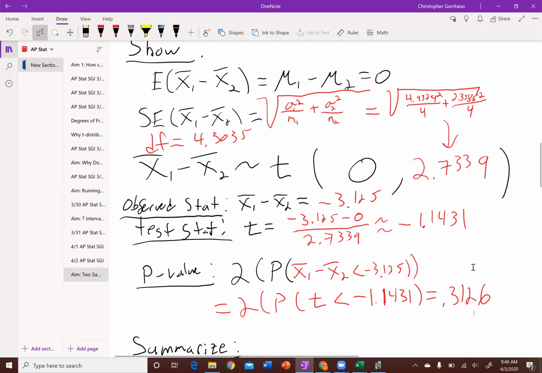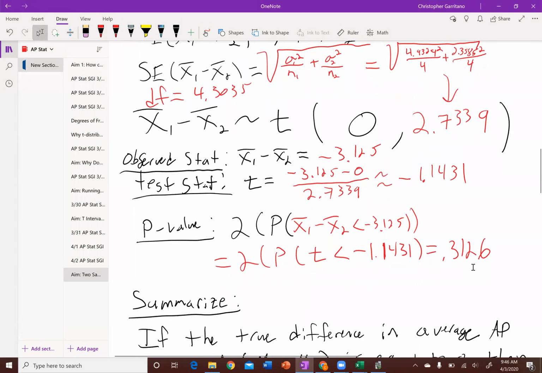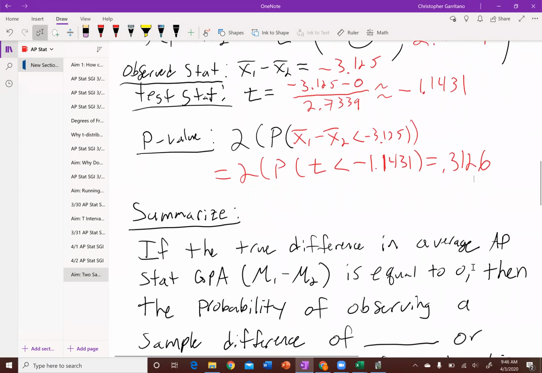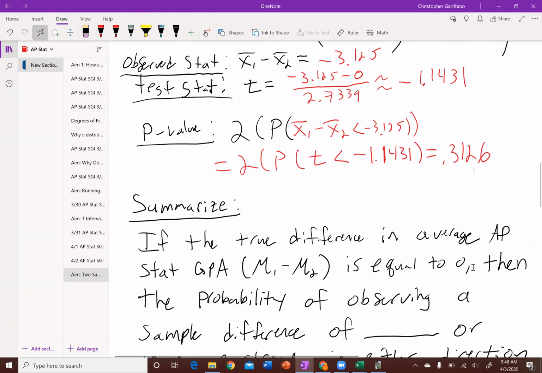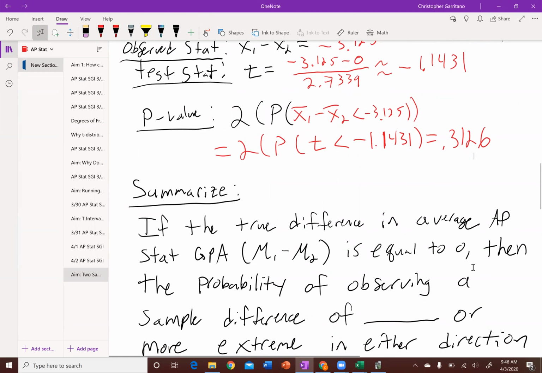Long story short, let's finally finish this guy off. So let's summarize the p-value first. So since this is a two-tailed test, we're gonna summarize in the following way. If the true difference in average AP stat GPA, mu1 minus mu2. Now I write mu1 minus mu2 just to be clear, the order of subtraction. If we subtract it in the other way, you would have a positive test stat and a positive observed stat, which is fine, but just make sure that you're clear about what way you're subtracting.